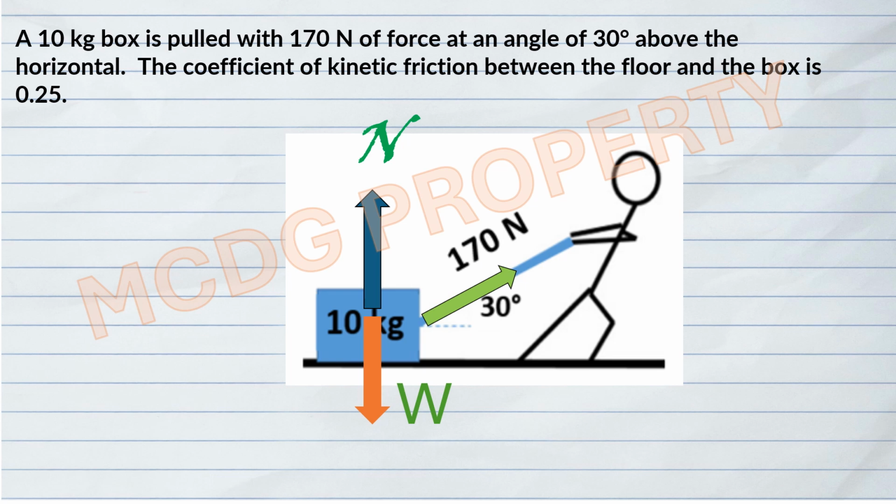The tension on the rope that is being used by the man to pull the box. And of course, the force of kinetic friction that is opposite to the direction of motion. So these are the four forces acting on the box.